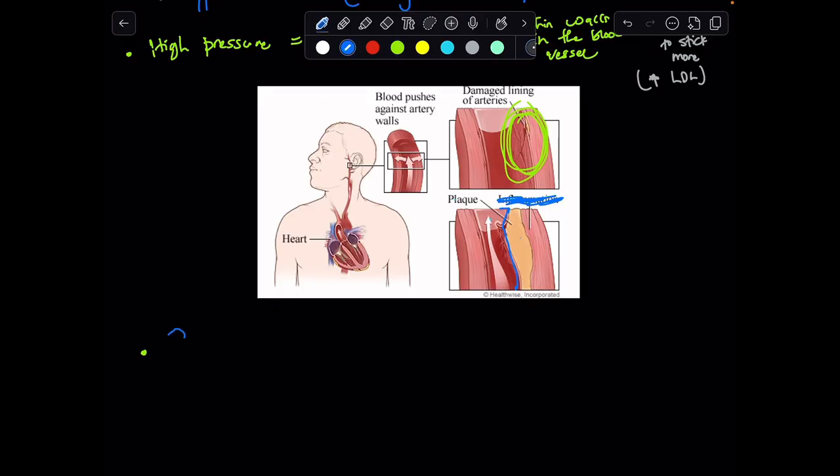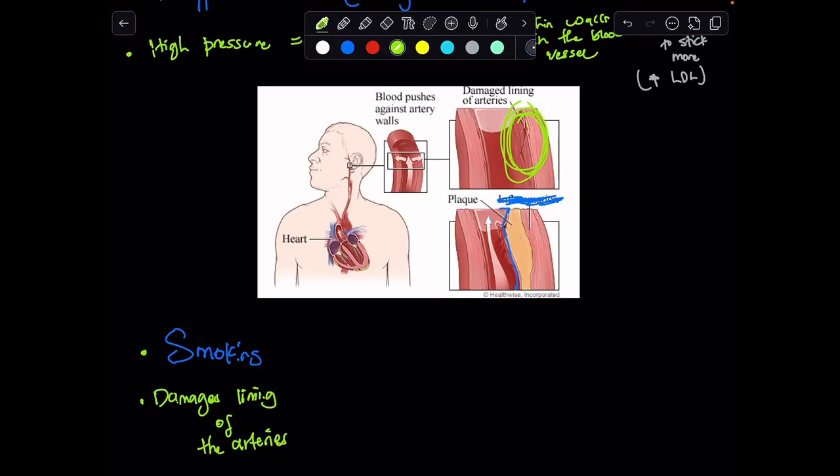Smoking does the same thing. Smoking damages the lining of the vessels or of the arteries.